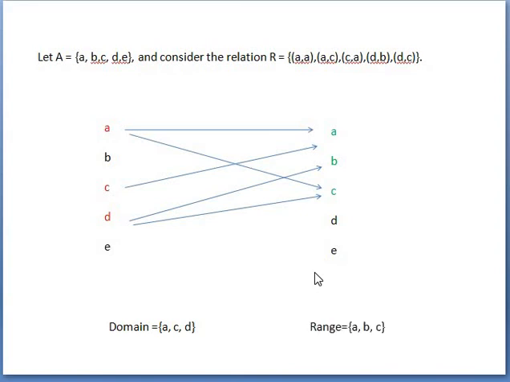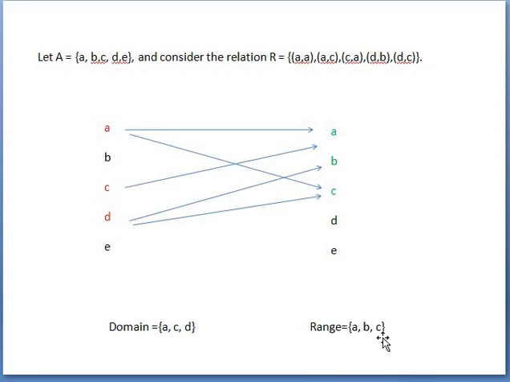And see, the elements in the second place are A, C and B. So the set containing the second elements of the ordered pairs of the relation R is known as the range.